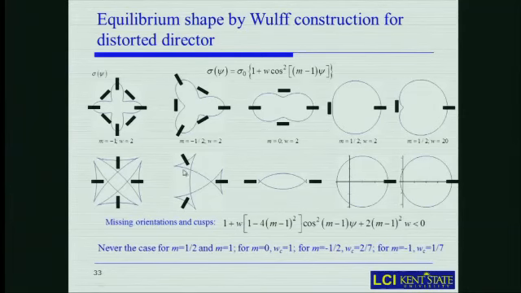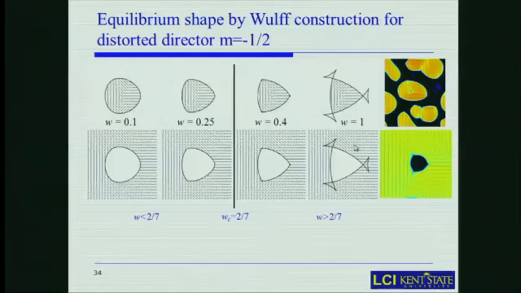For the disclination of -1/2, you might have 3 cusps, or you might have a shape that is totally round and regular. And here I just show the example. It depends on the strength of the surface anchoring. If the surface anchoring is weak, then the shape of the nontrivial tactoid would be more or less round.